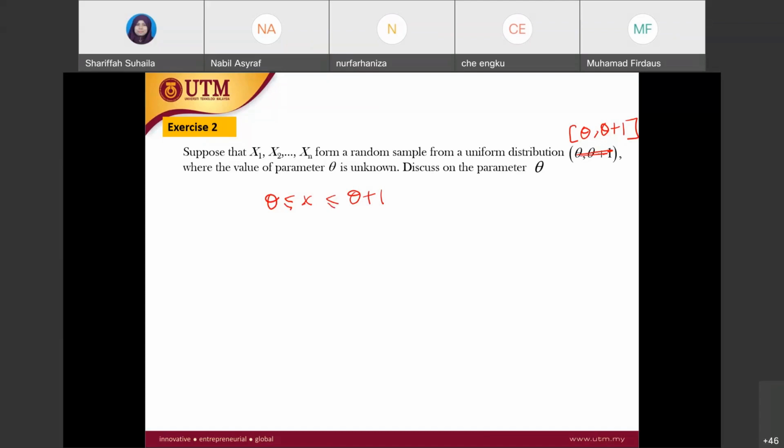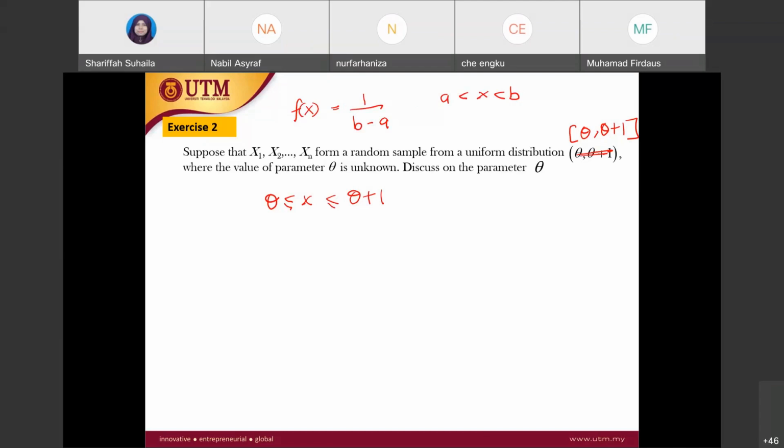Since this is a uniform distribution, the general formula for the uniform distribution is f(x) equal to 1 over b minus a, depending on your interval.